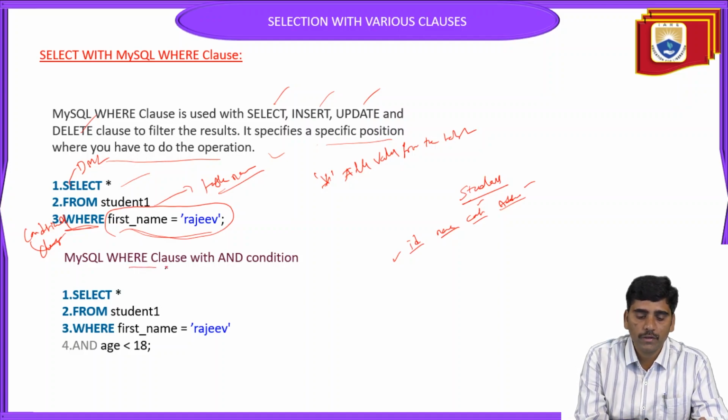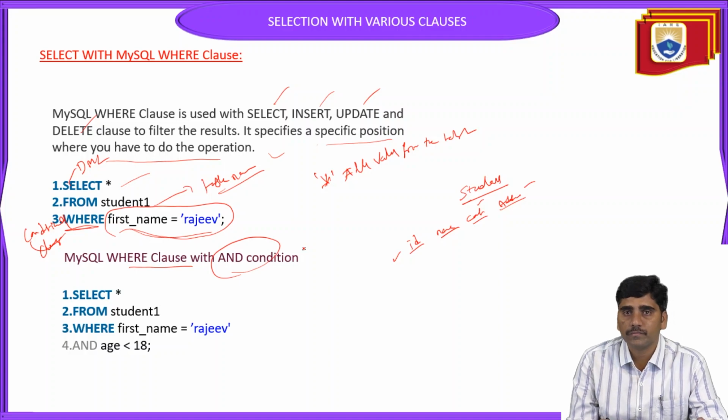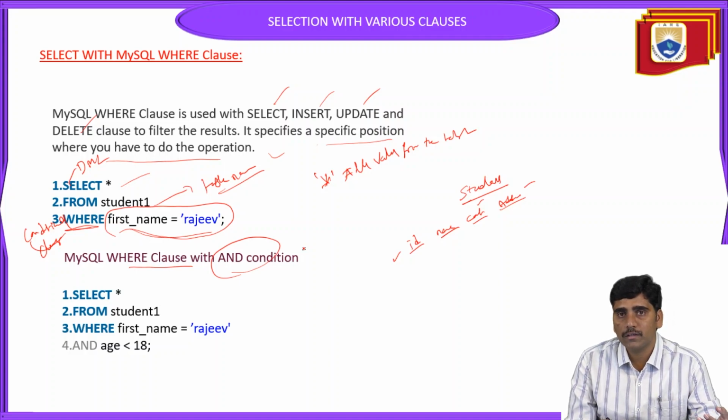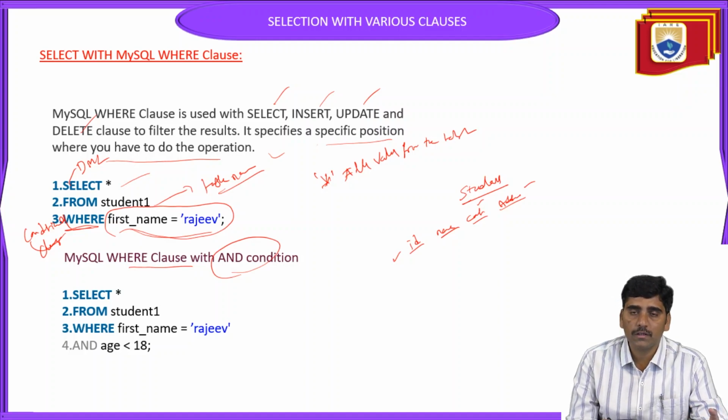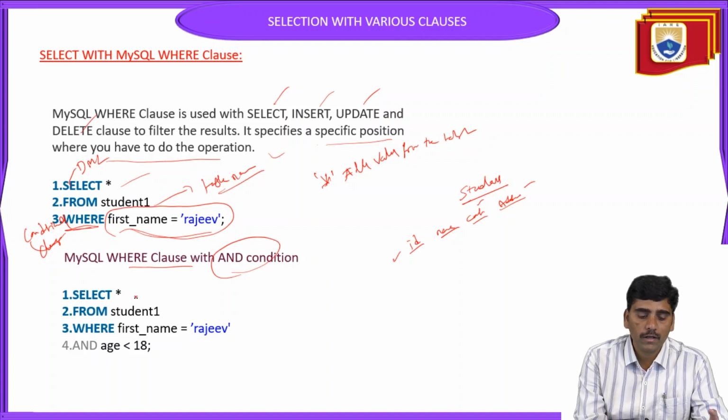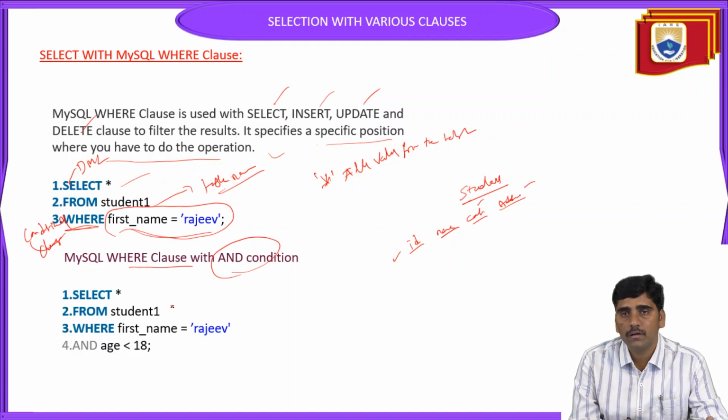MySQL where clause with the and condition. We can write the condition directly, or you can use the condition with the and operation or the or operation. For that, how can you use it? Select star from student1. Here select is a DML statement.